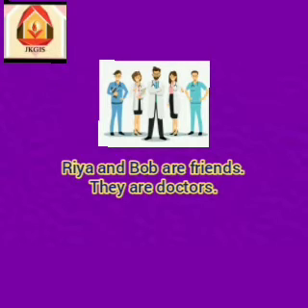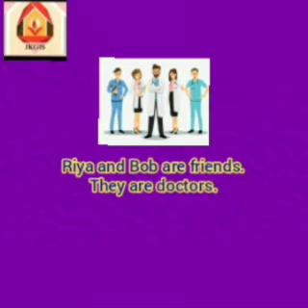We use they when we are talking about other people, animals and things. That means when we are talking about other people, other animals or other things, excluding ourselves, then we use they. Here, the pronoun they is used for both Ria and Bob.